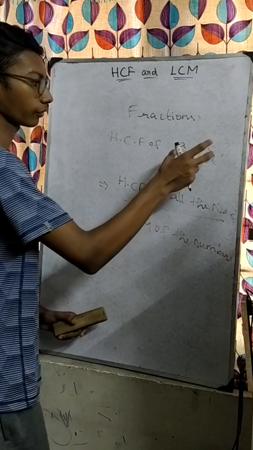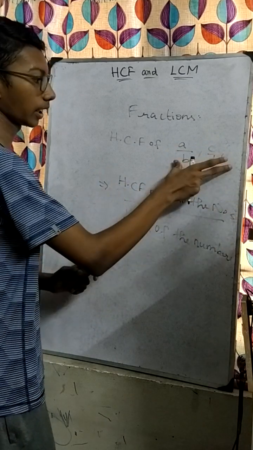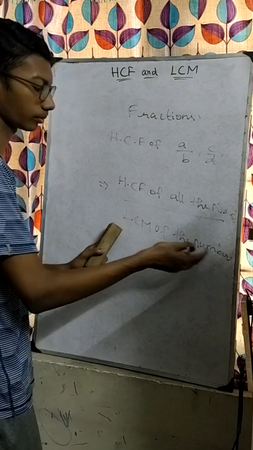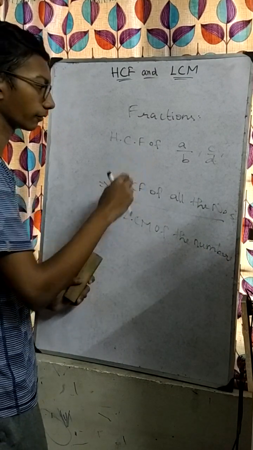That is, the HCF of the numerators we keep in the numerator, and we find the LCM of the denominators and keep it in the denominator. So the fraction we get at the last is the HCF.